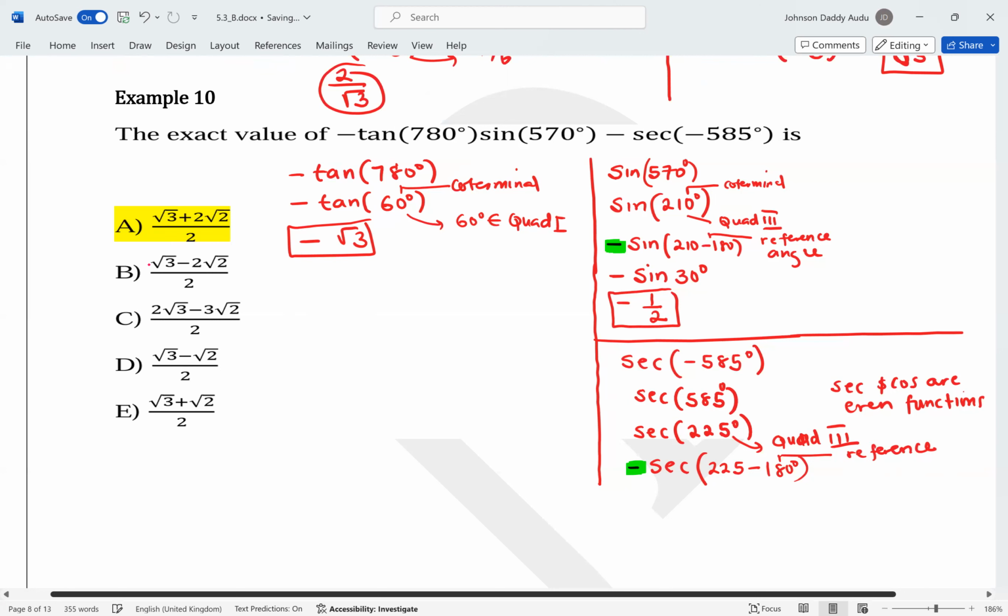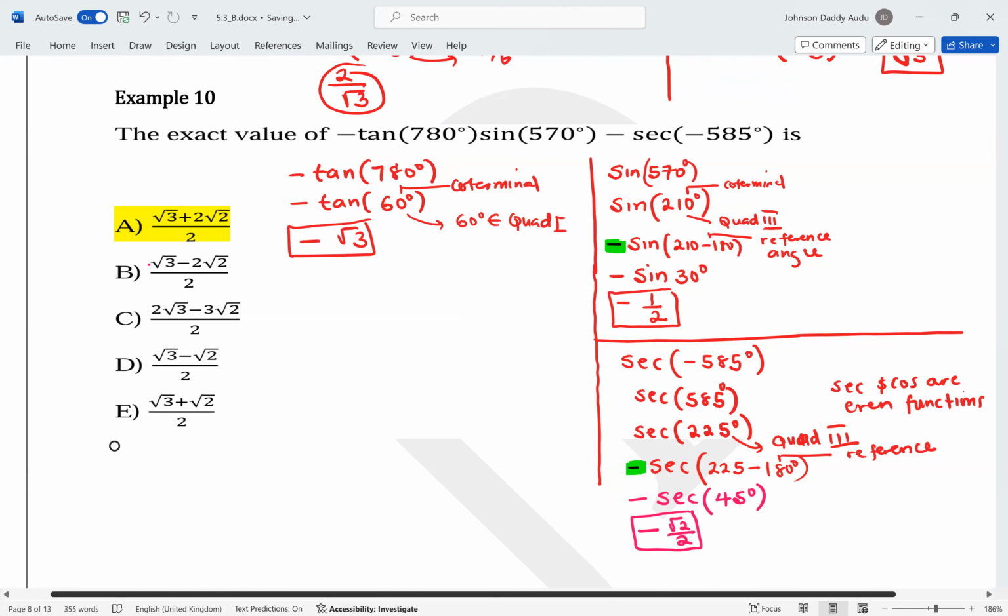This is going to be minus sec of 45, right? But what is sec 45? Sec 45 is the reciprocal of cosine 45. So this is just minus root 2 over 2, or 1 over root 2.